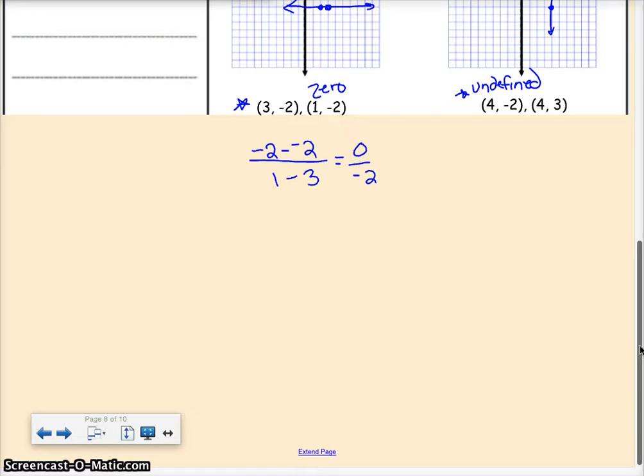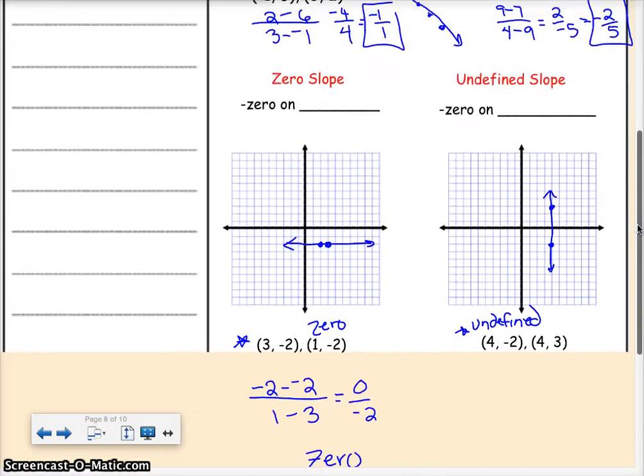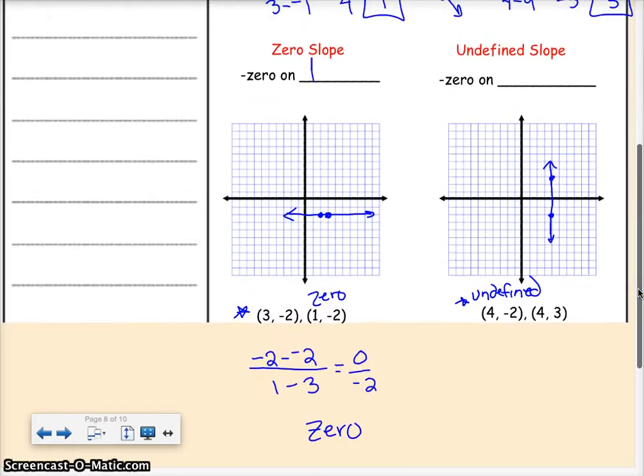This means 0, and you can always punch that into your calculator. If you go 0 divided by 1, it will tell you it's 0. So if the 0 is on, which one was it, top or bottom? Top. If the 0 is on top, it's a 0 slope.